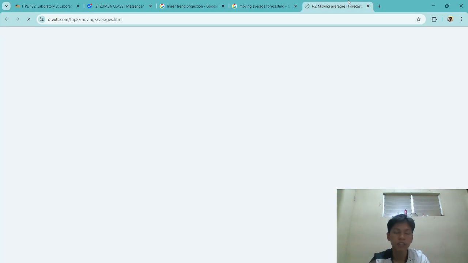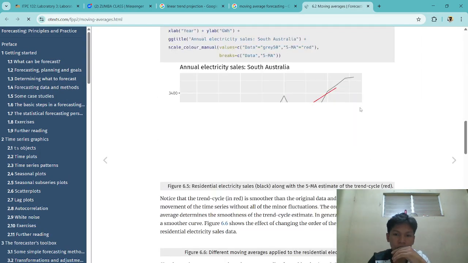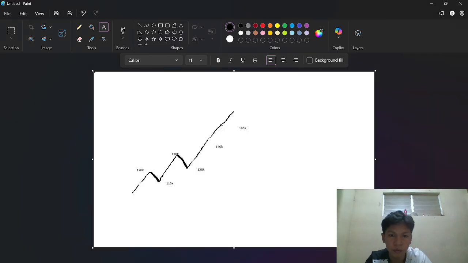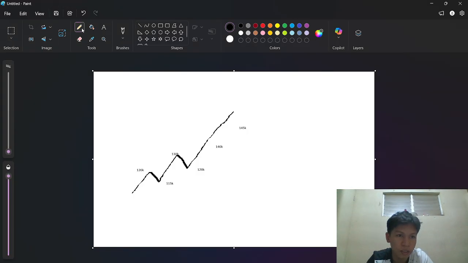It follows where the market is moving. So for example, our moving average on this would be something like this, then move backward, then move.